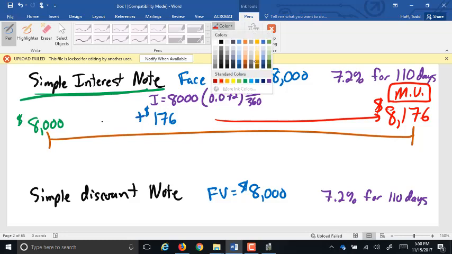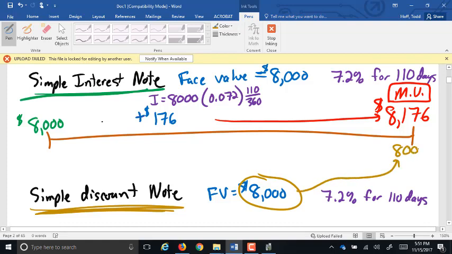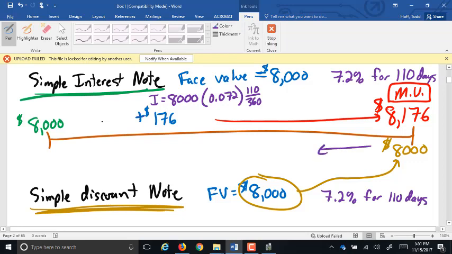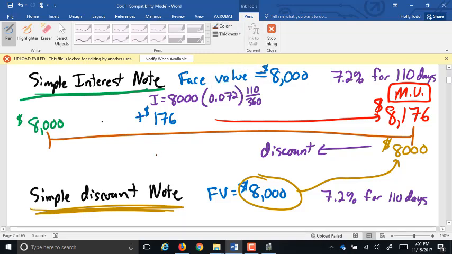If it is a simple discount note with a face value of $8,000, that means you are going to be paying back $8,000 at the end of the note. From that, we are going to subtract the interest, called a discount. The discount is calculated in exactly the same way.